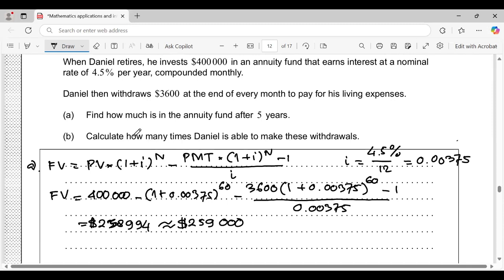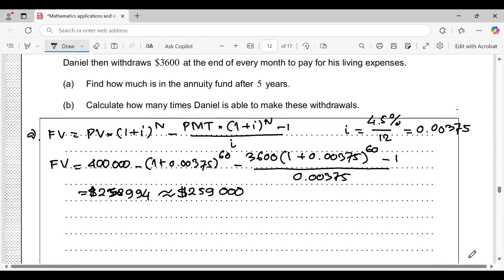Calculate how many times Daniel is able to make these withdrawals. So we are going to find n using the formula for the number of periods in an annuity.